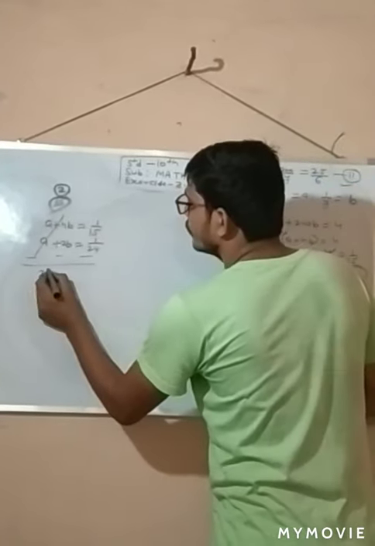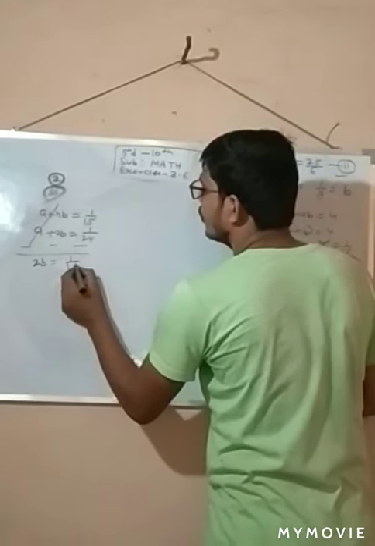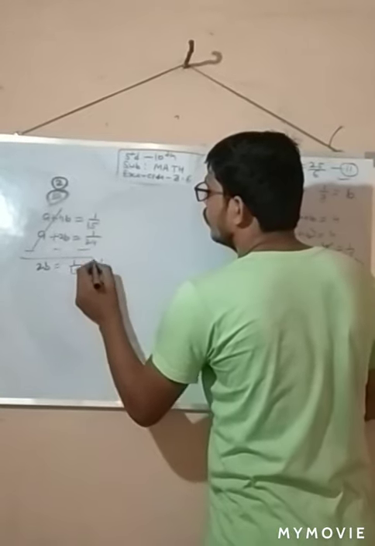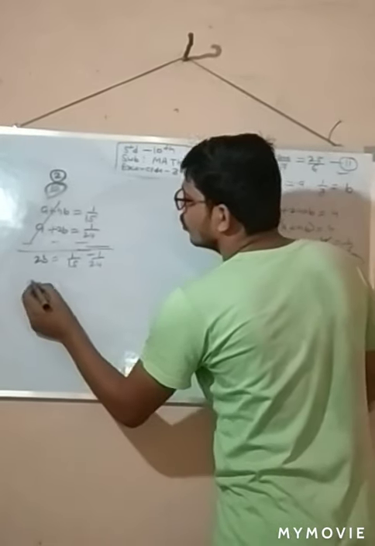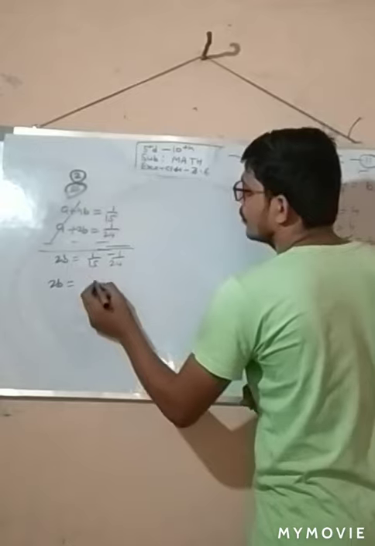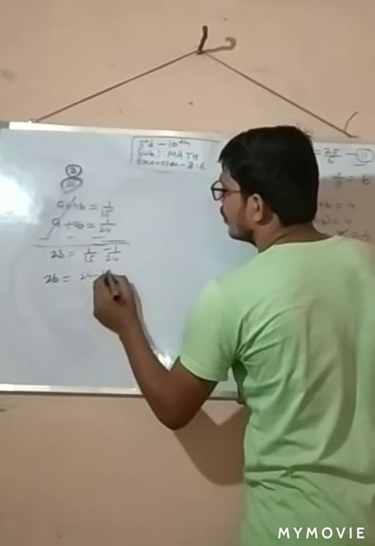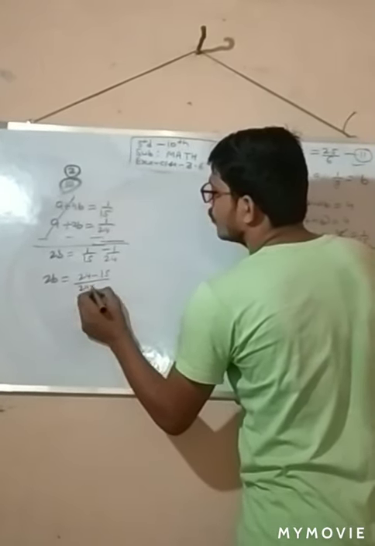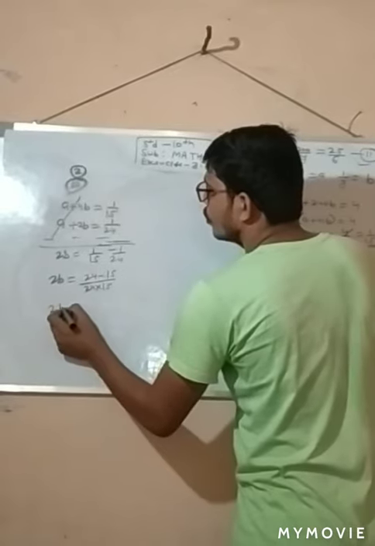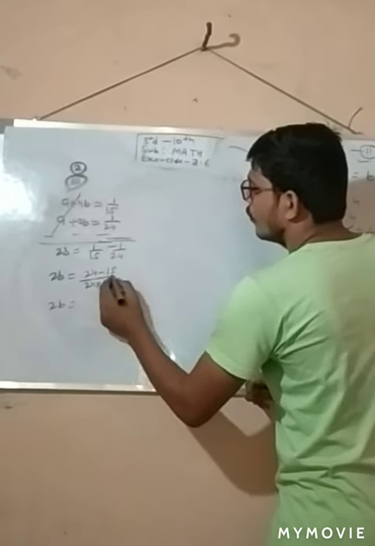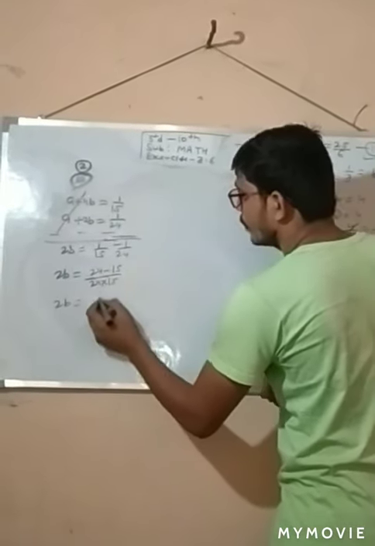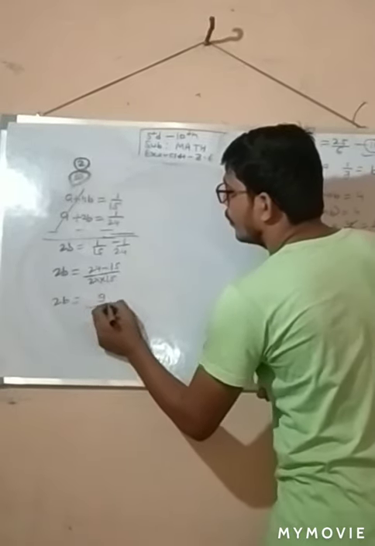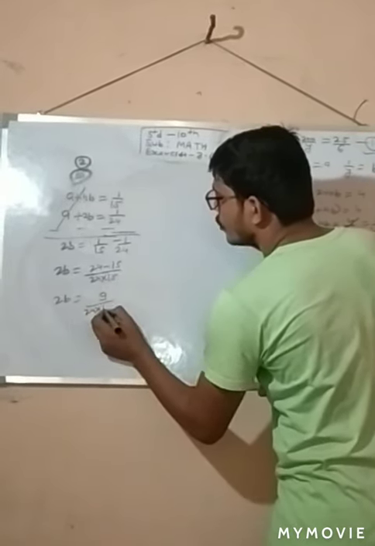Then 2b is equal to 1 by 15 minus 1 by 24. So 2b is equal to, cross multiply, 24 minus 15 upon 24 into 15. Then 2b is equal to 9 upon 24 into 15.